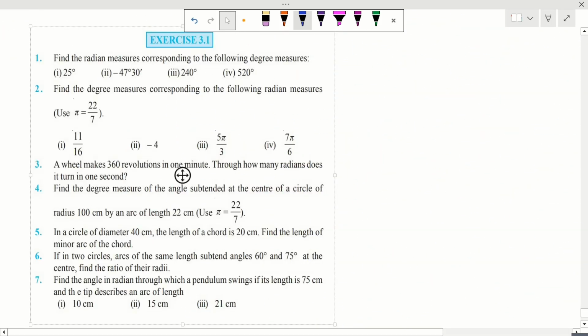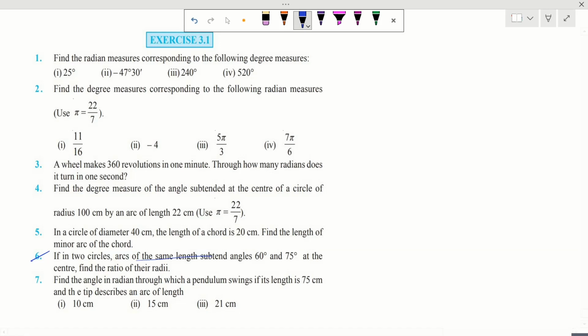Now come to the sixth problem. We have solved this type of exercise. Two circles are given having the same arc length. Here in these two circles, the arc length is the same. The radius of the first circle is r1 and this is r2.